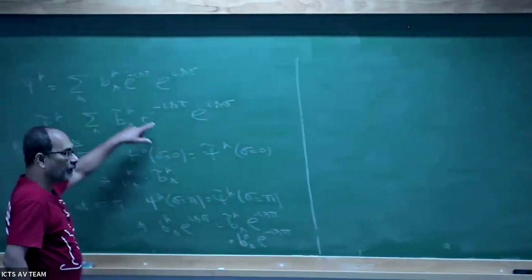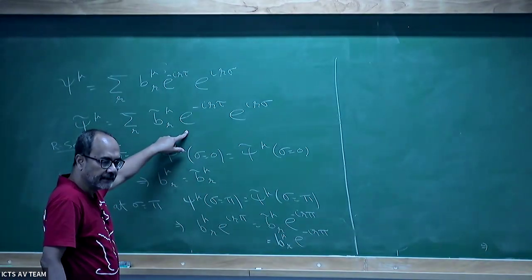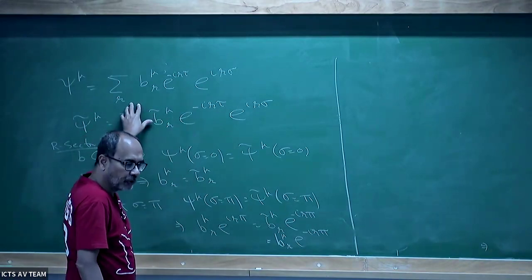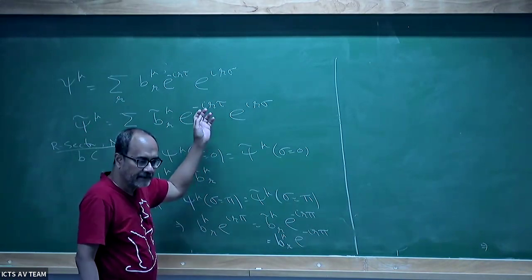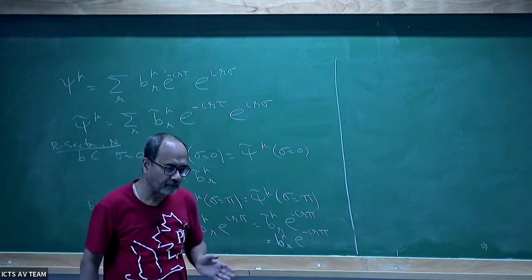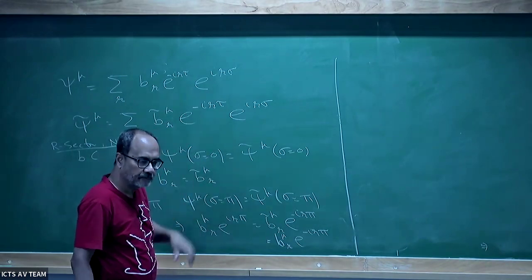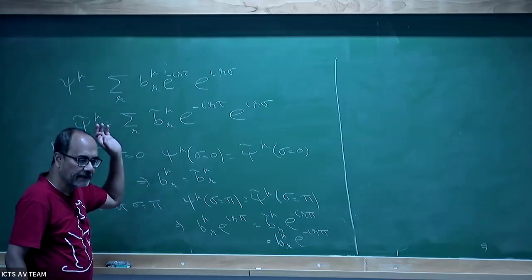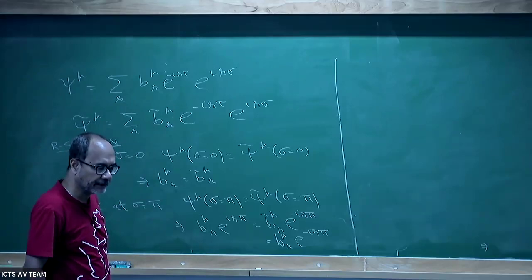I have chosen this such that the tau dependence is always e to the minus i r tau. Otherwise the sum over r runs over both positive and negative values. If both are functions of tau minus sigma, then this will be the same. But the difference is that one is left moving, one is right moving. So one is a function of tau plus sigma, the other a function of tau minus sigma. Our convention is such that psi mu is a function of tau minus sigma, because that's moving to the right: as tau increases, sigma should increase.